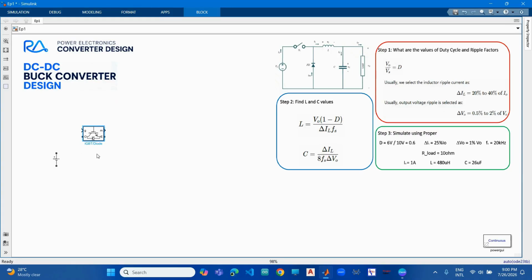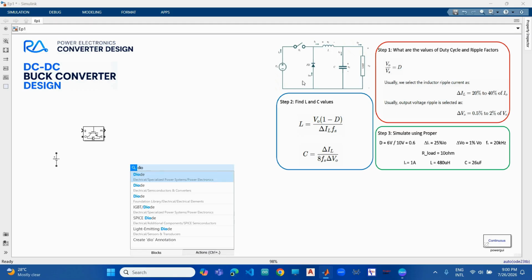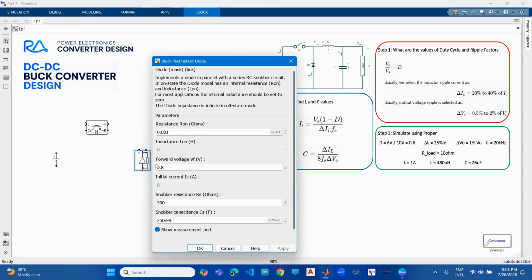Then we need a diode. Yes, we have the protected one, this one. The main thing is we have to set the forward voltage as 0, because here we are considering our diode as an ideal diode, so then only we can get these results. So we set the forward voltage to 0 and apply, OK.